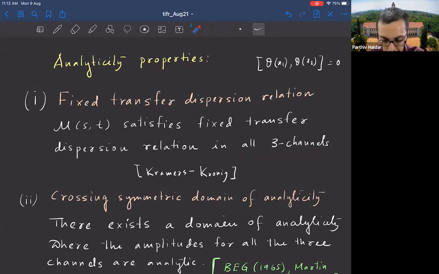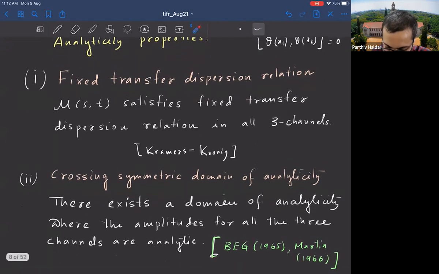Note that the physical domains for the three channels are mutually disjoint, so they do not intersect. When you prove such a dispersion relation, you not only prove the dispersion relation, but it also comes with a certain domain of analyticity. So each dispersion relation comes attached with the domain of analyticity where it is actually valid.